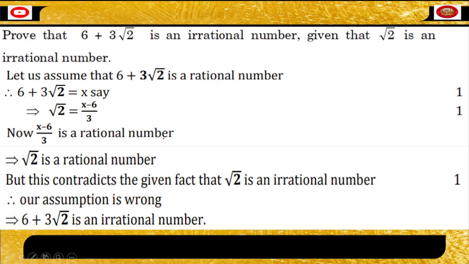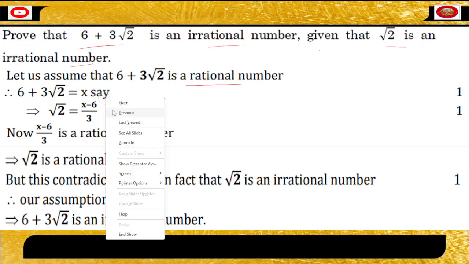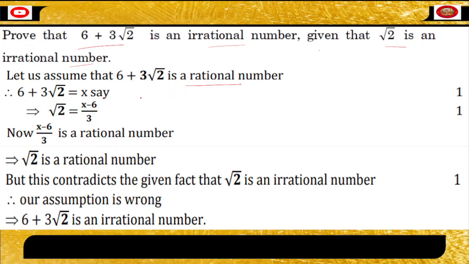Next question. Prove that 6 plus 3 root 2 is an irrational number, given that root 2 is an irrational number. Let us assume that 6 plus 3 root 2 is a rational number, equal to x. Then 3 root 2 is equal to x minus 6, so root 2 is equal to x minus 6 divided by 3.